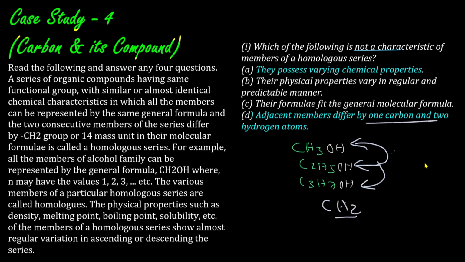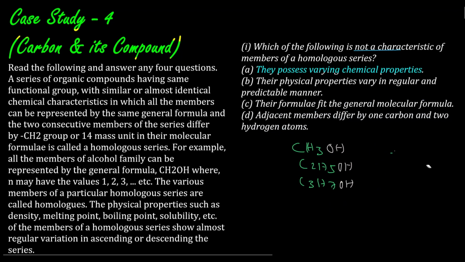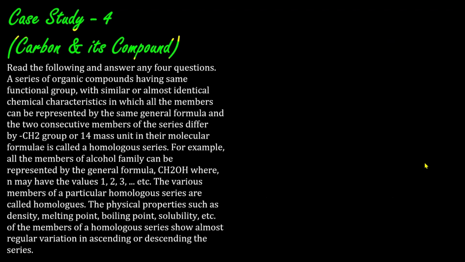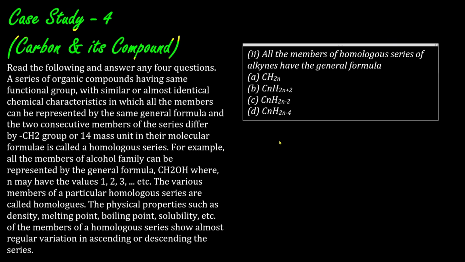So this is a correct statement, but we have to look for the incorrect statement, and as we have already figured out, the first one is the incorrect statement. Now we have done the first one. I'll come up with the next question over here.